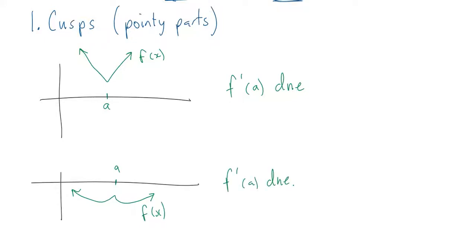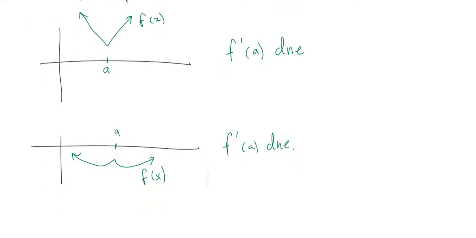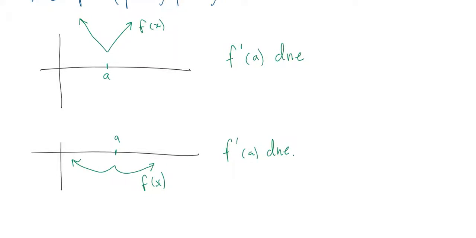Vertical tangent line is the next one. And we talked about this. This is where the slope is undefined.